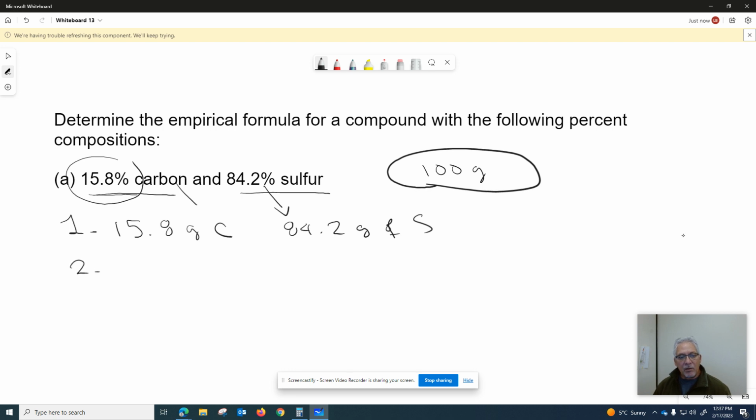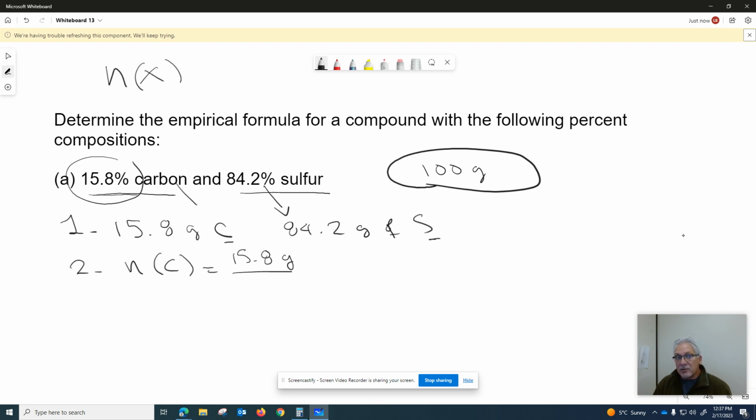The second one will be finding how many moles I have for each one. Number of moles of carbon will be equal to 15.8 grams. Okay, let me refresh the formula, because maybe I'm assuming you remember that formula, but maybe not.